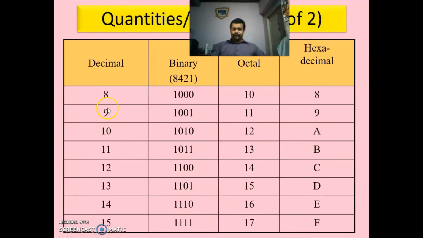Now 8. The binary value of 8 is 1000. In octal it is represented as 10, and in hexadecimal it is represented as 8 only. Now you come to 10. 10 is represented in binary as 1010, in octal as 12, and in hexadecimal as A. Similarly, the other numbers.